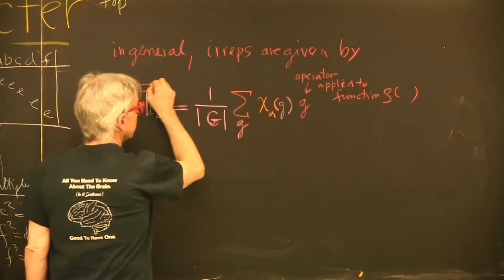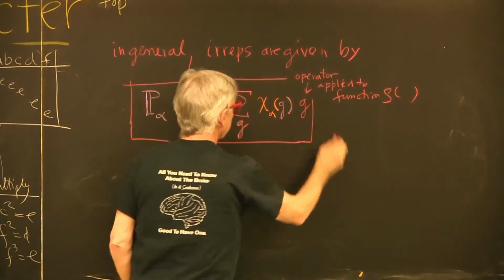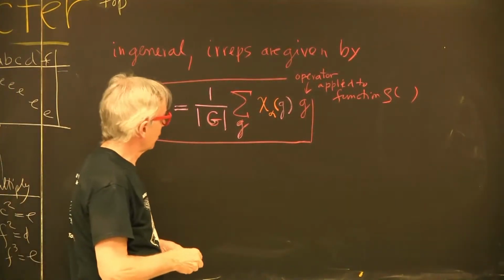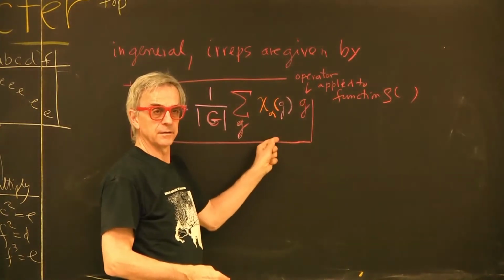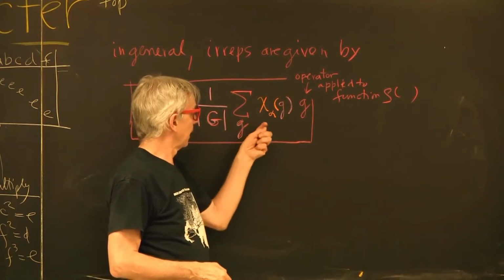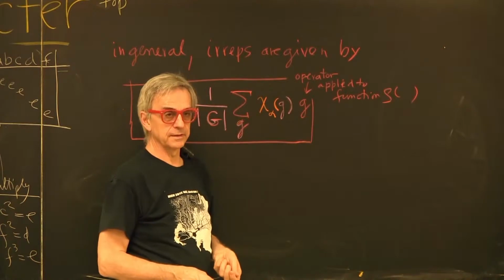So the key object is the same for all finite groups. For compact Lie groups, this will be replaced by an integral called the Haar integral. But you'll always be averaging over the elements, and you will be weighing each with the character of the representation.